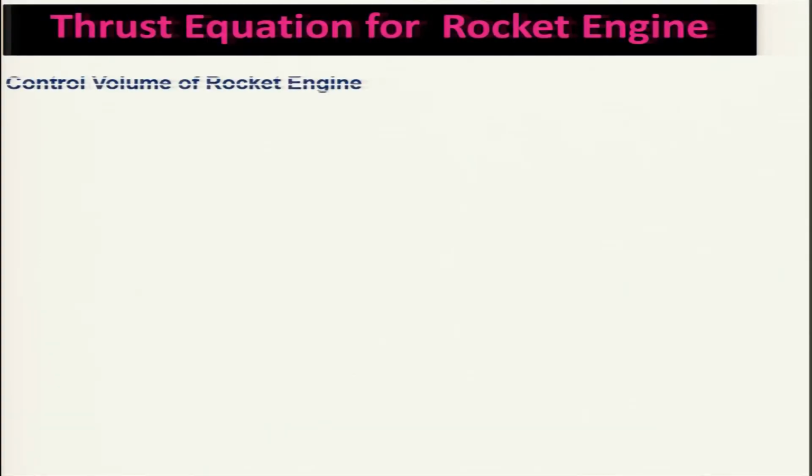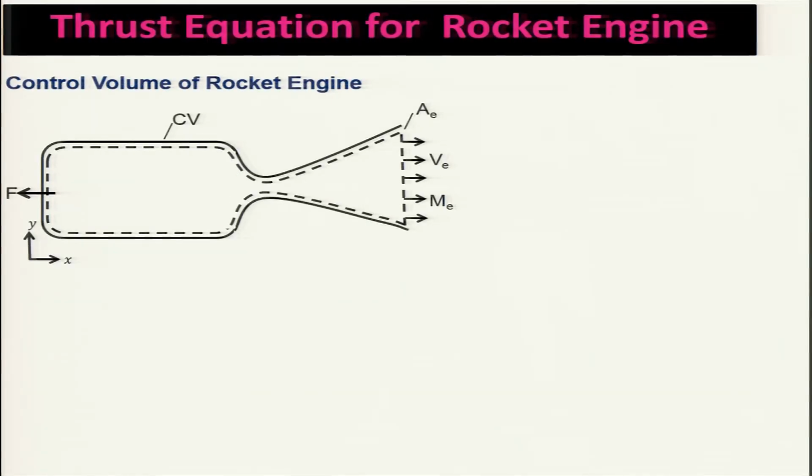In this case, we will be relating the thrust experienced by the rocket engine to the change of momentum and also the pressure. Let us consider the rocket engine, which is having a control volume here. This is your control volume, and this is the x direction, and this I can say is basically the y direction, or I can tell it as the r direction. That will be better. There will be combustion taking place.